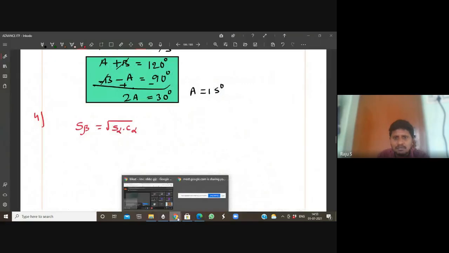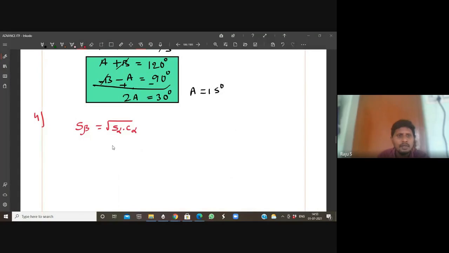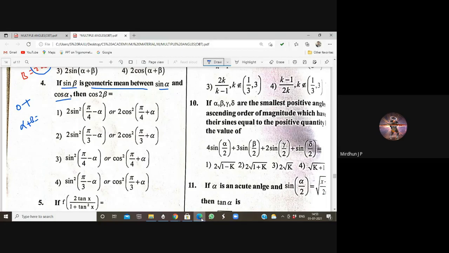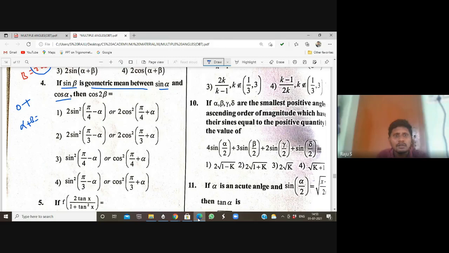Am I right, students? So this condition we have: sin alpha cos alpha is equal to sin square beta. Then they ask you, what is cos 2 beta?